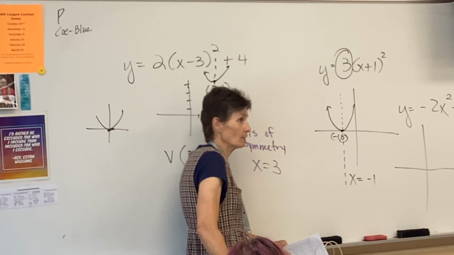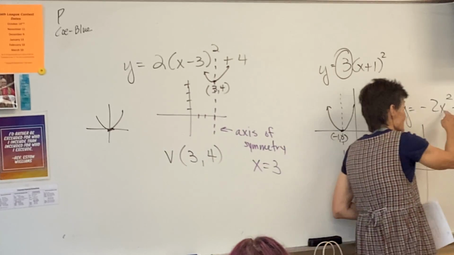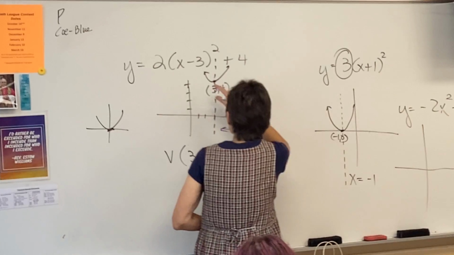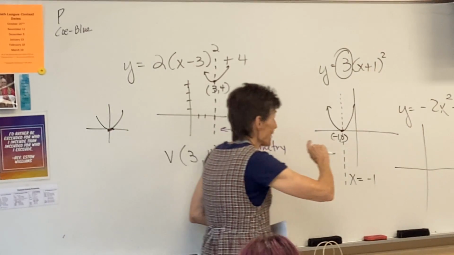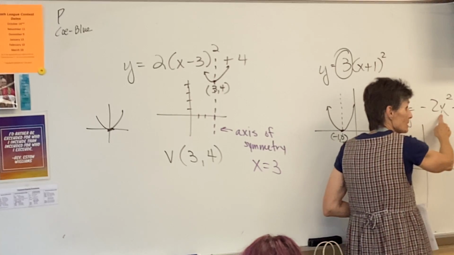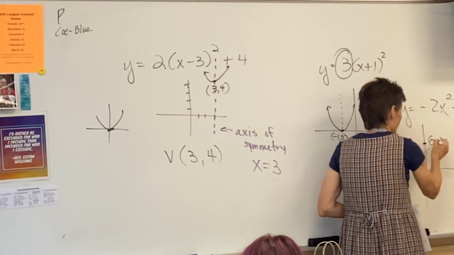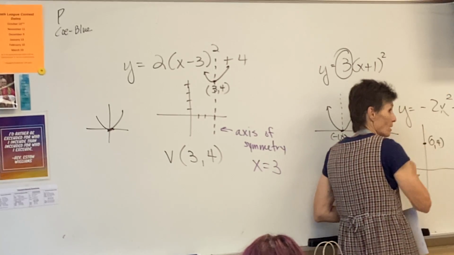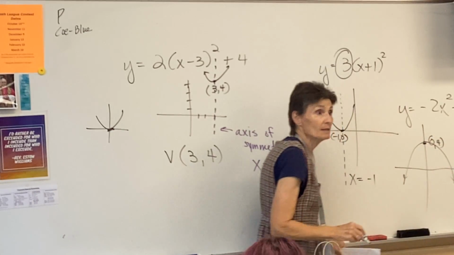Did we go right or left at all? No, because there is nothing in a parentheses here. Look, isn't this what moves us sideways? So I didn't add anything to that x. So this is at 0, 4. It didn't go sideways at all, but it went up 4. And because of the negative, it opens down.